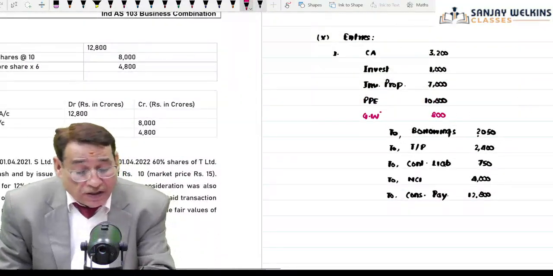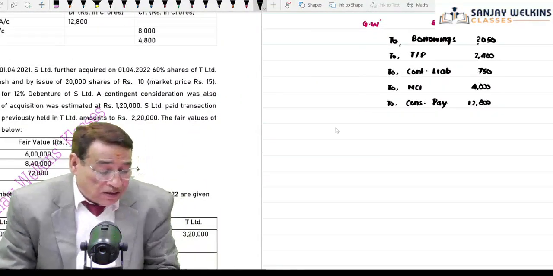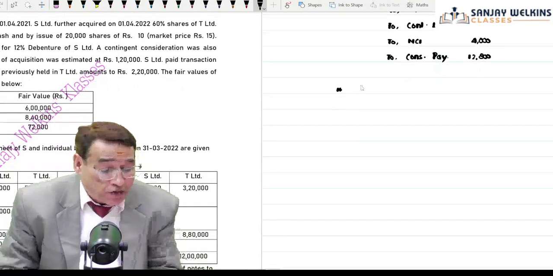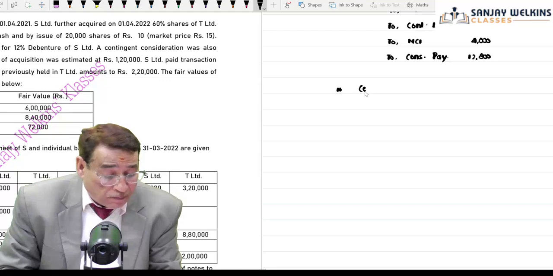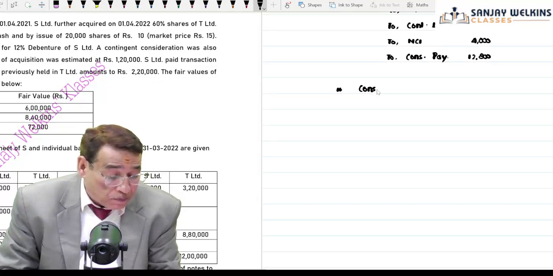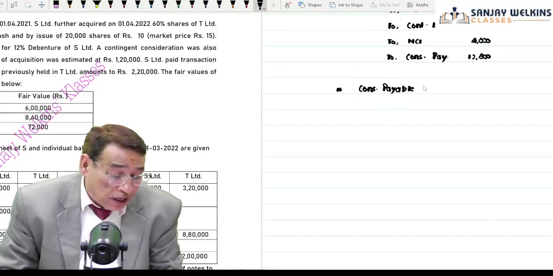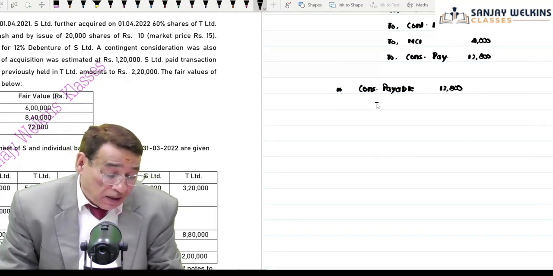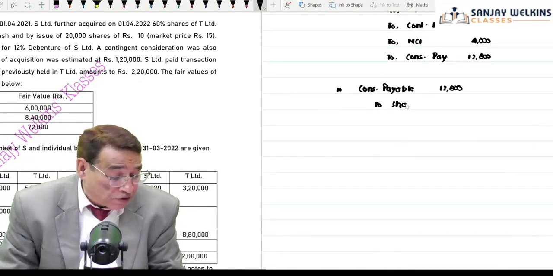Now, as far as entries are concerned, the main entry is this, and you need to pass another entry. The next entry is for payment of consideration. Consideration payable account debit 12,800 is the amount of consideration which you are supposed to pay. 12,800, correct? And then you are going to write here to share capital, because this time you are offering shares.